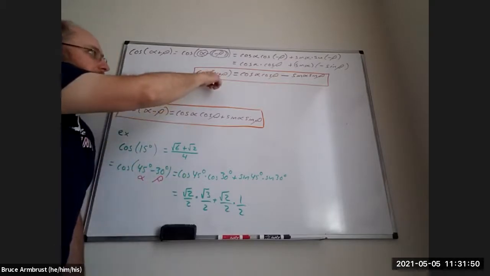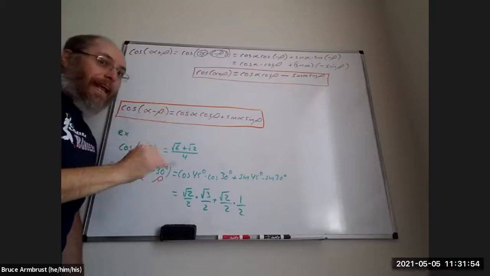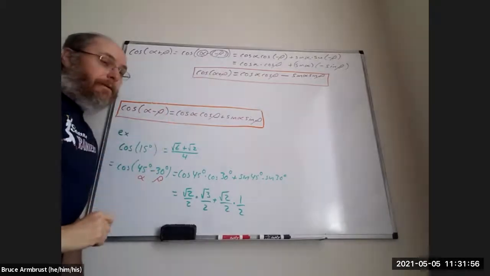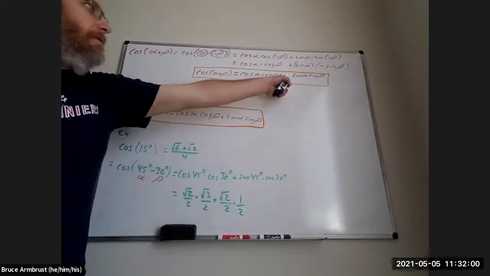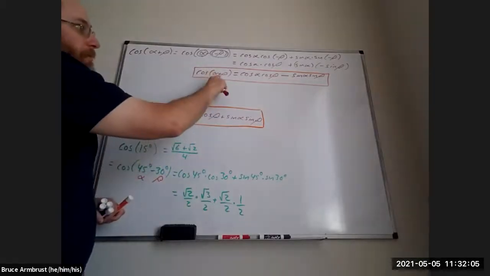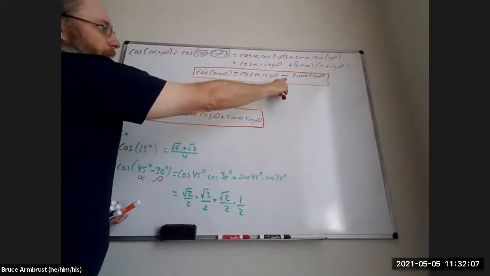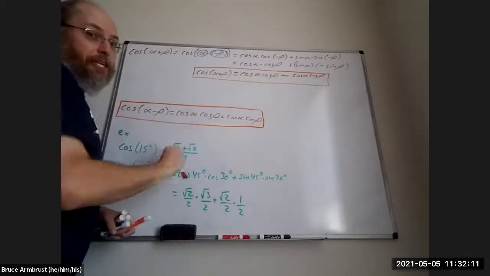Just like over here, we were adding angles and now we're subtracting angles. So the only difference between adding and subtracting is that in the formula, we change the sign. In fact, the sign is opposite. Since we were adding angles, it led to a subtraction. When we're subtracting angles, it led to an addition.